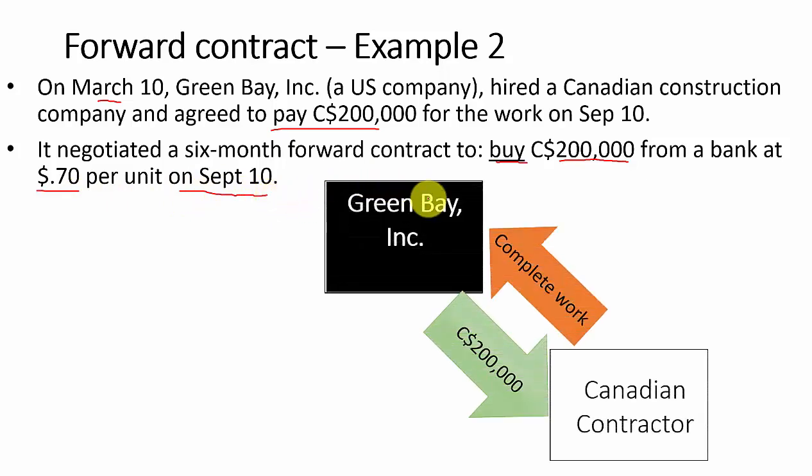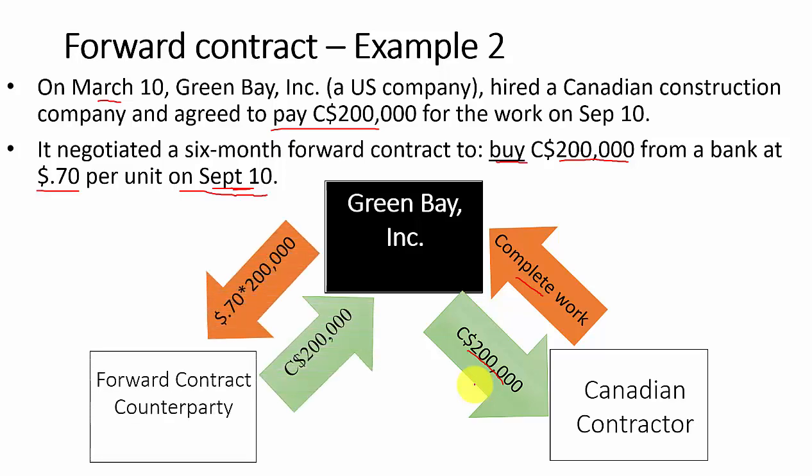So you can see here is the cash flow on September 10. First of all, Green Bay receives the completed work, right? The Canadian contractor completes the work. And in exchange, Green Bay pays the Canadian contractor 200,000 Canadian dollars. Because Green Bay already agreed to buy Canadian dollars with a forward contract, here is what happens.